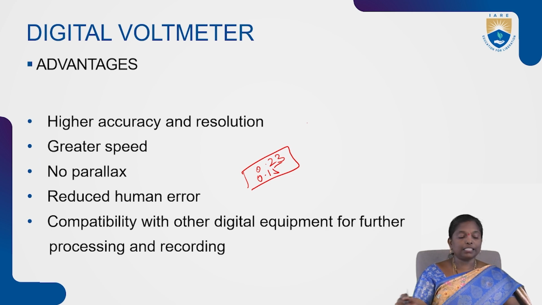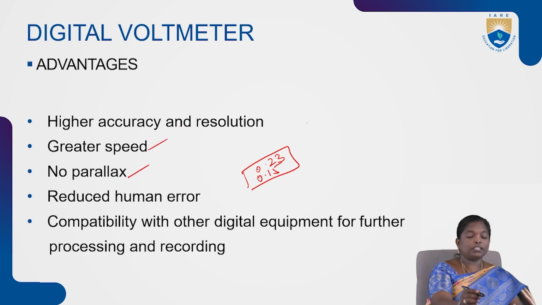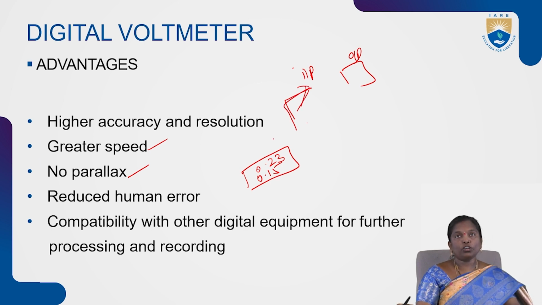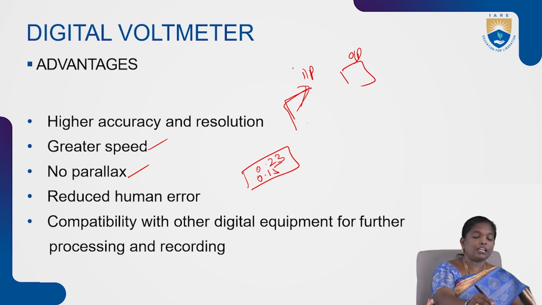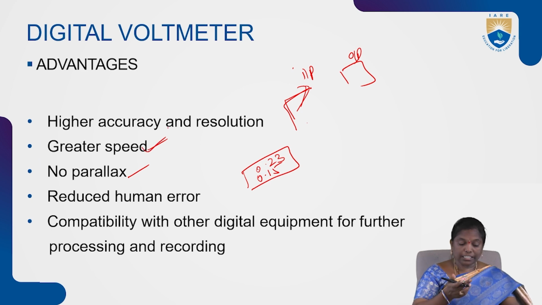Another advantage is high speed. Whenever we apply the input to the given circuit, it produces the output without any delay. For the given input signal, the voltmeter responds very quickly and produces the output. So the speed is very high, and it reduces human error.